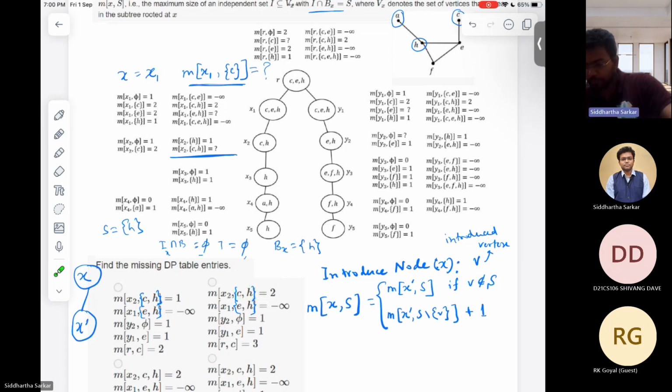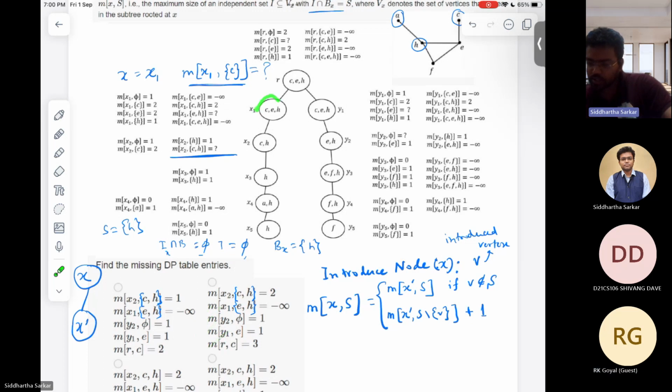We computed this by applying the recursion formula for an introduced node, because x2 is an introduced node introducing H. Now we have to compute four more things.